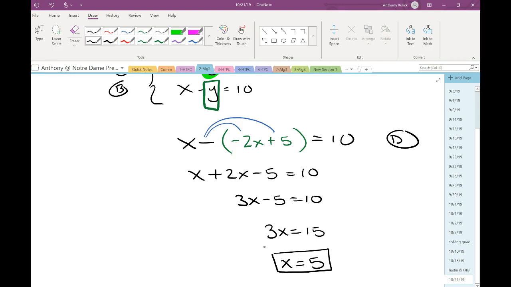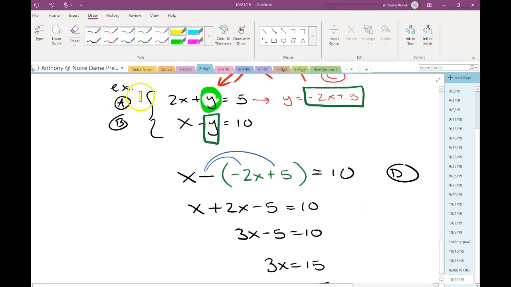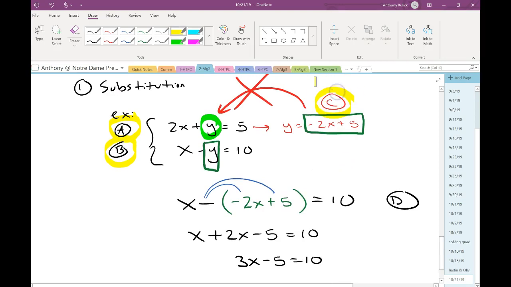Yeah, so there's actually 3 choices of where I could plug in x equals 5. I could plug it into equation A, into equation B, or into equation C. I cannot, though, plug it back into equation D. Why not? There's no y's in it. Right? How am I going to solve for y from an equation where there's no y in it? Yes? Yes.